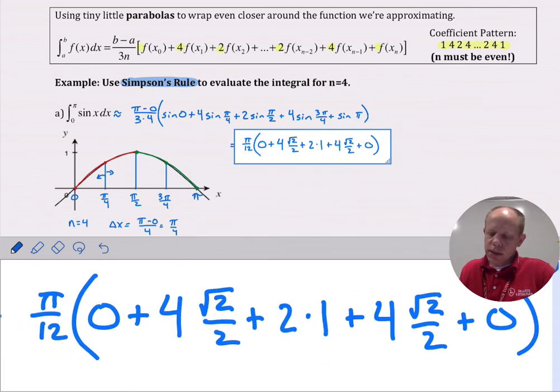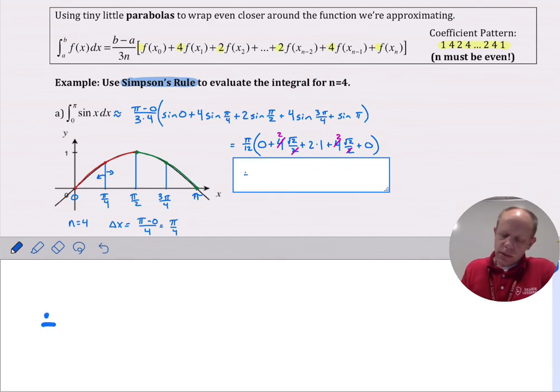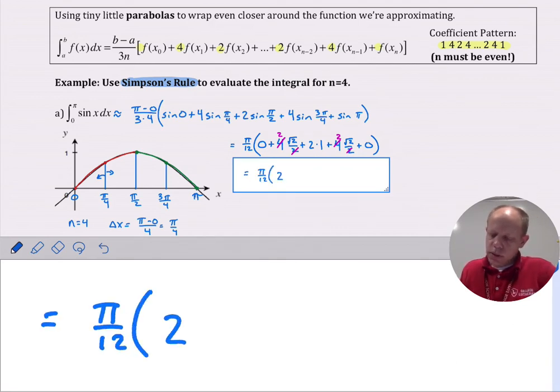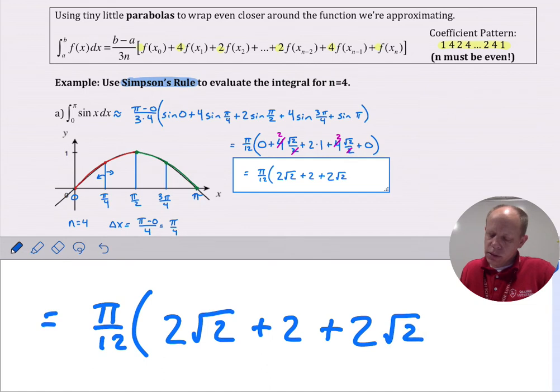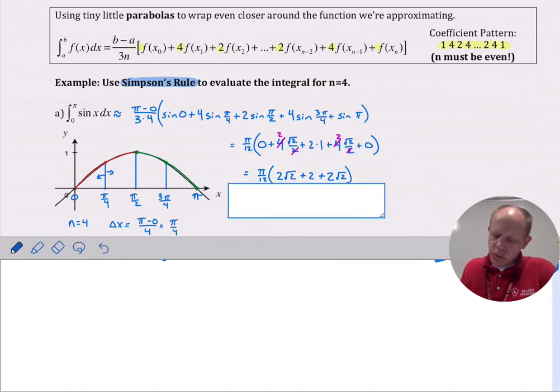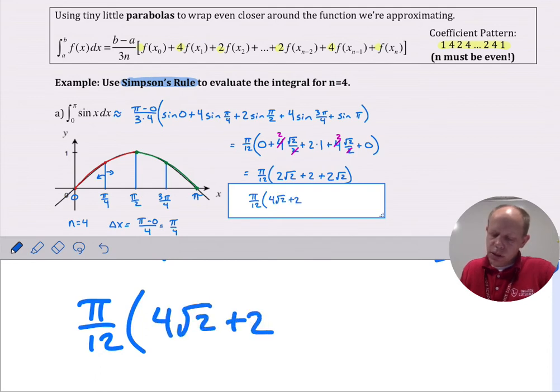If you do this, you can cancel a little bit here, so that would just be 2 and 2. So you would get pi over 12 times 2 rad 2 plus 2 plus 2 rad 2. We could add this again, and you get pi over 12 times 4 rad 2 plus 2.